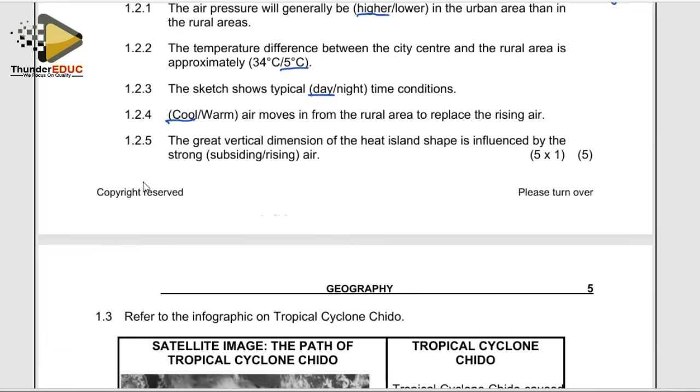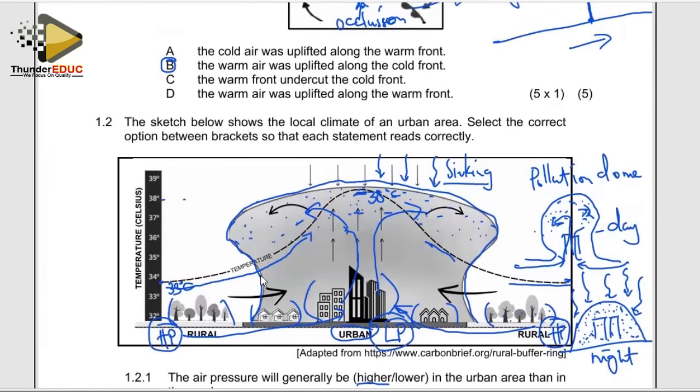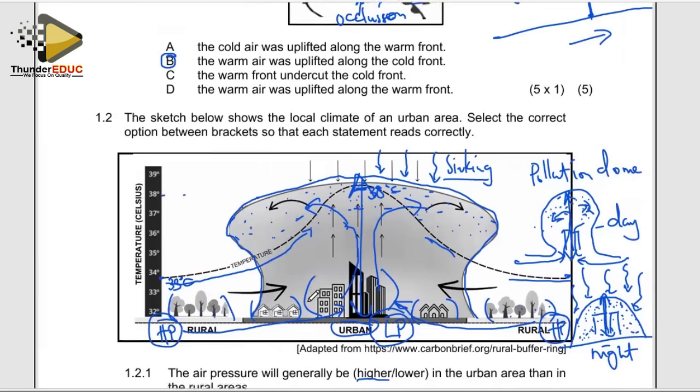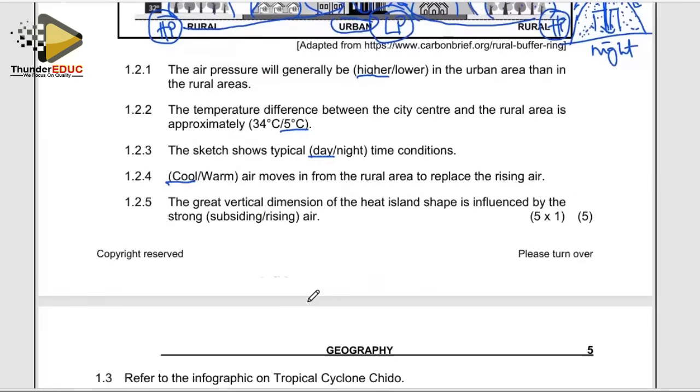Right, the great vertical dimension of the heat island shape is influenced by strong, is it subsiding or rising air? Vertical dimension, we are saying, why is it tall like this? This vertical dimension compared to this dimension here. It's lower during the night and very pronounced vertically during the day. It's caused by rising air.